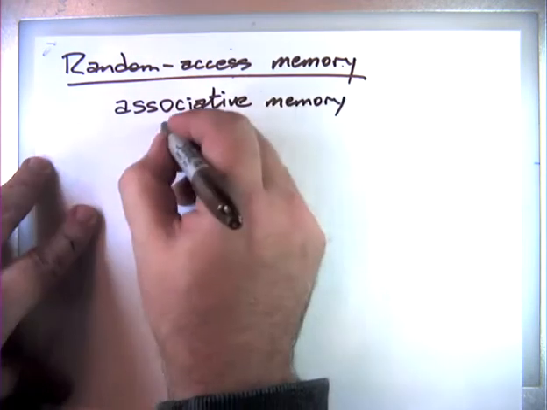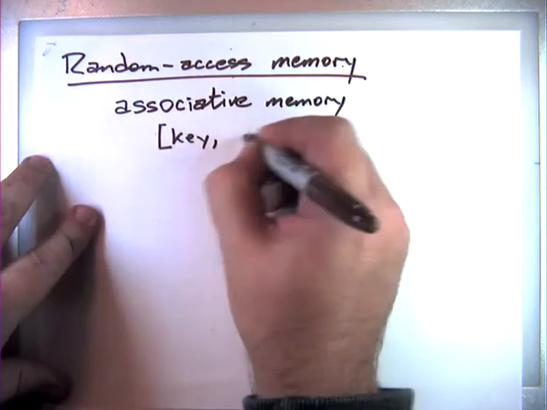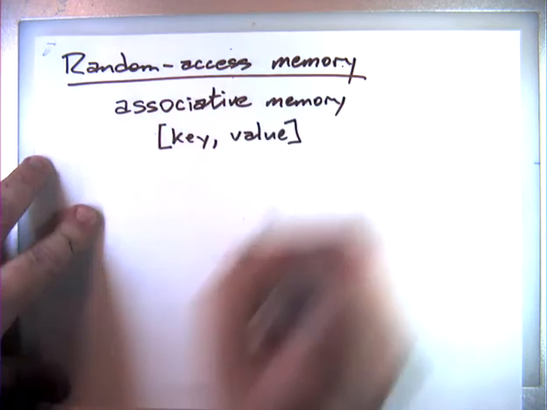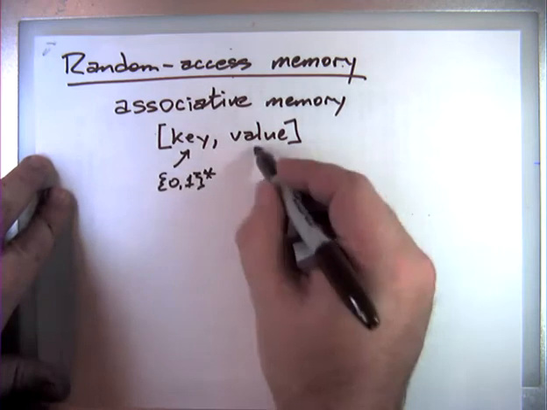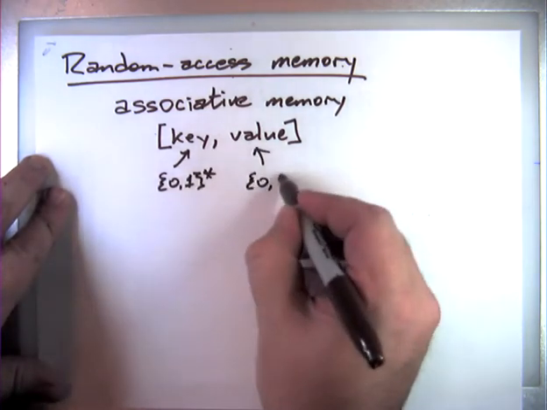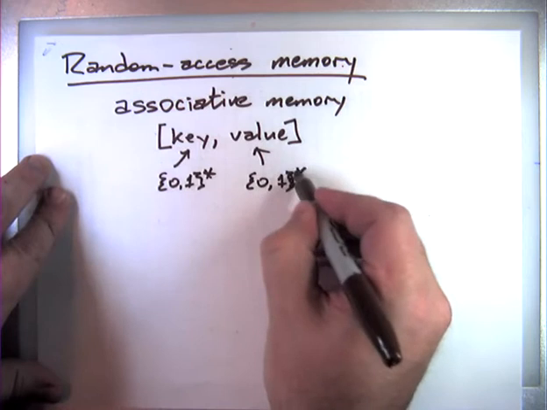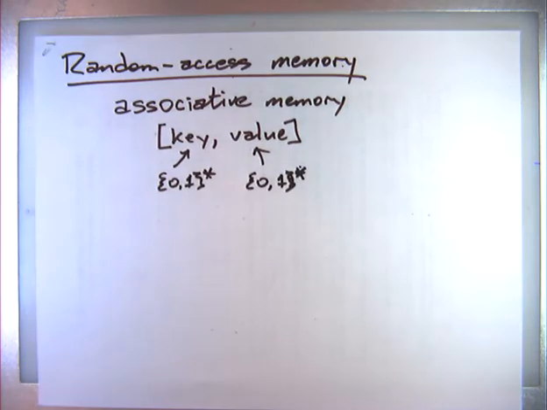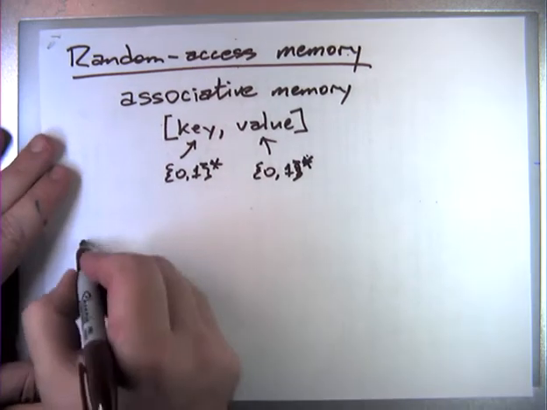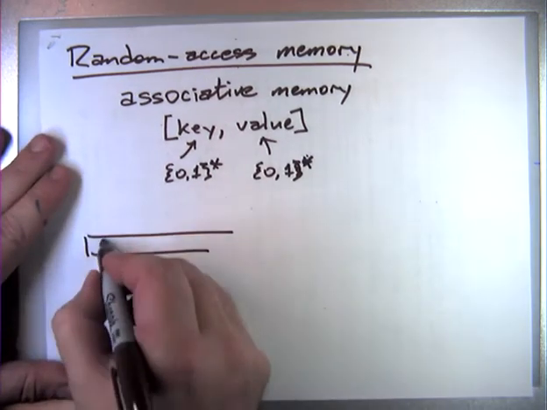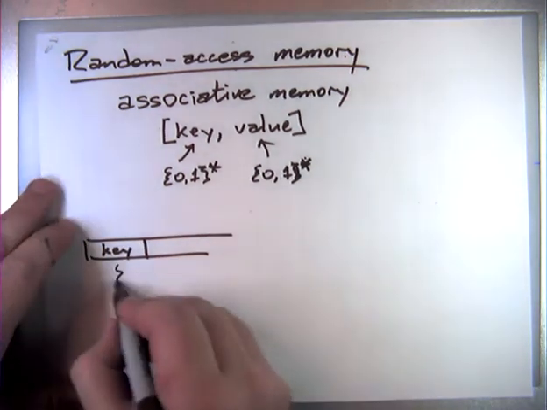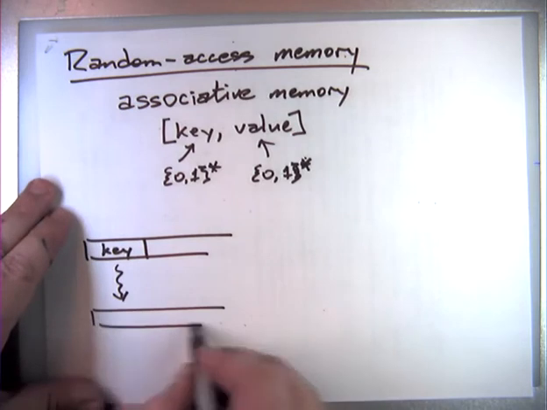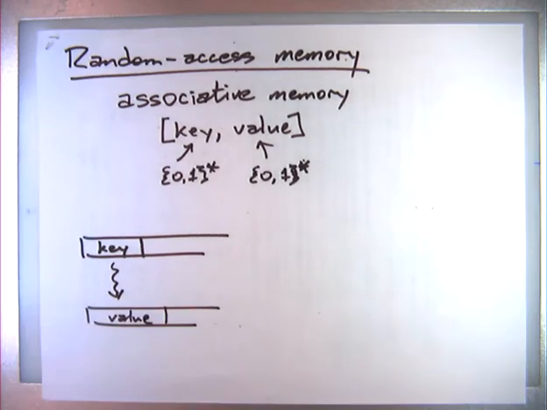So I'm going to imagine that memory is made up of a bunch of pairs. The key is a string, say, over 0 and 1, and a value is, again, a string over 0 and 1. What I would like to be able to do is write a subroutine that starts with the key written at the beginning of some tape and finishes with the corresponding value written at the beginning of the same tape.